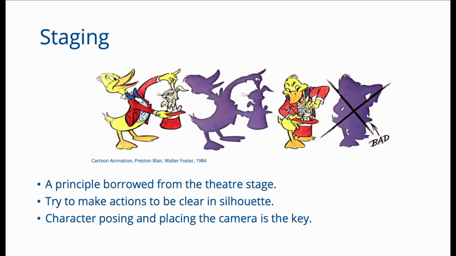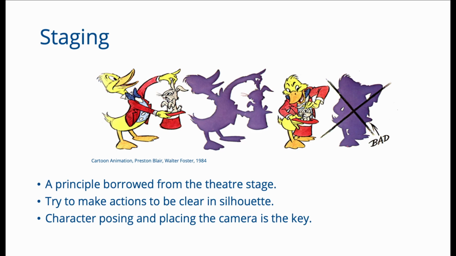Then there is a principle called staging that animation borrows from theater. Suppose you are watching a play and the actors are facing away from you and moving their hands. Then whatever it is that they are doing with their hands is not even going to be visible to you. They have to face you and do something for the movement to be visible.